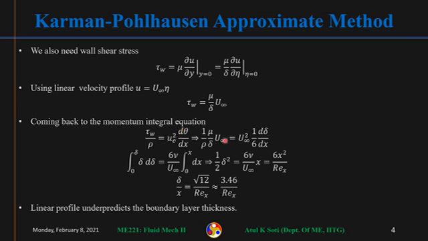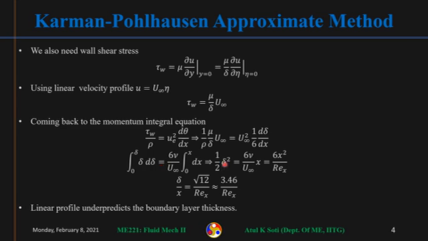Okay. Now you see that this is an ODE in delta with respect to x. When we solve this ODE, we'll get delta as a function of x. So we can integrate this ODE. There is one delta here, so we'll take it with the delta and everything on the other side.